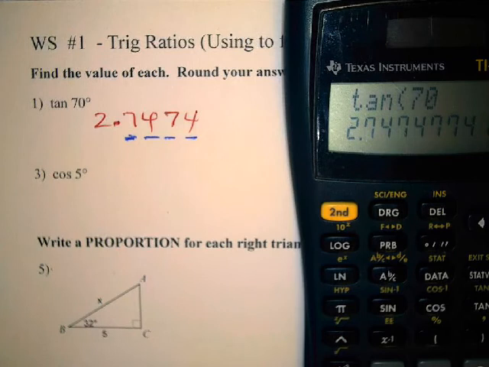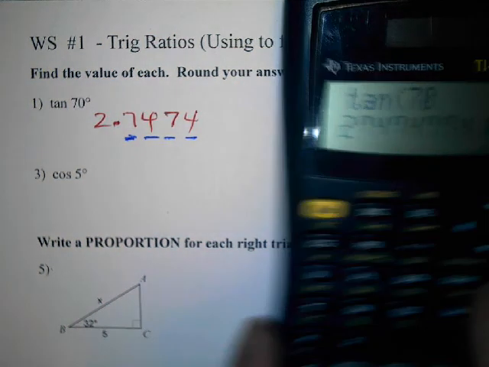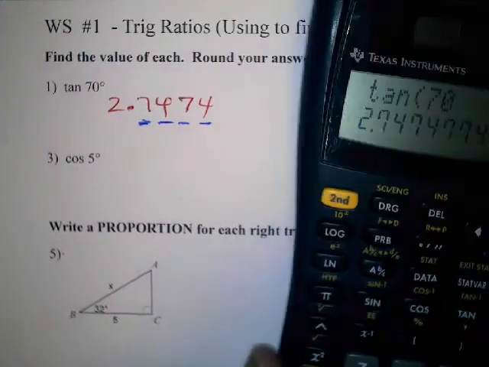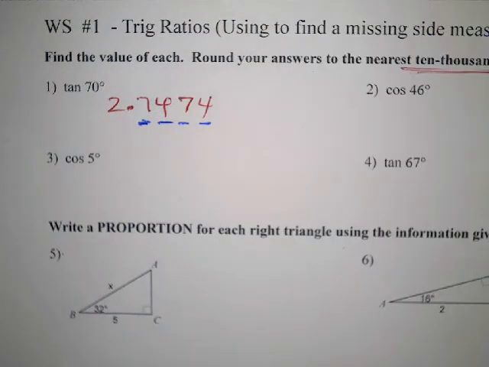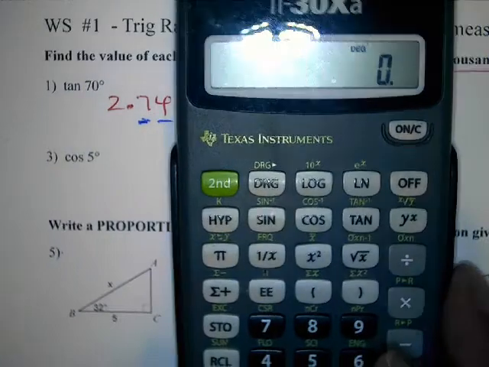Just copy the 4 numbers after the decimal. I mean, you can copy 5 or more, but we don't want to copy all of those.